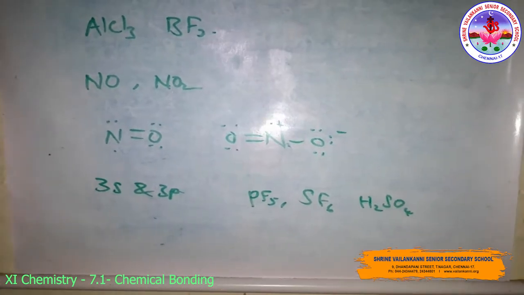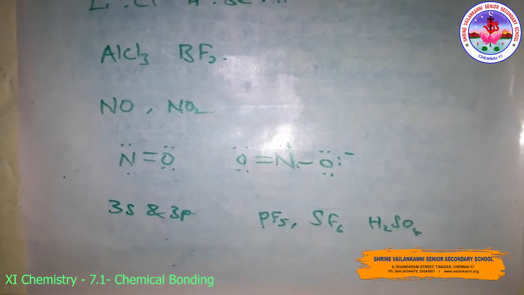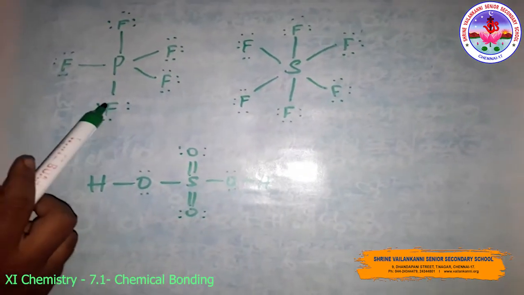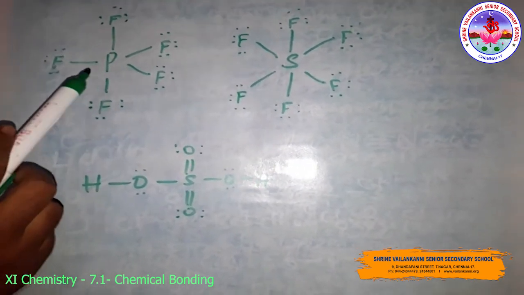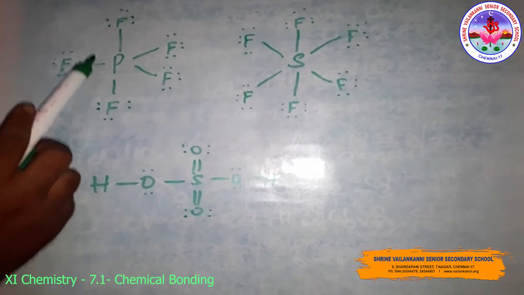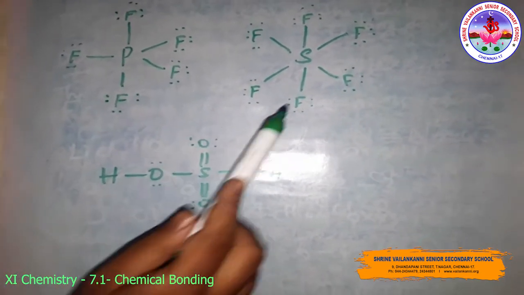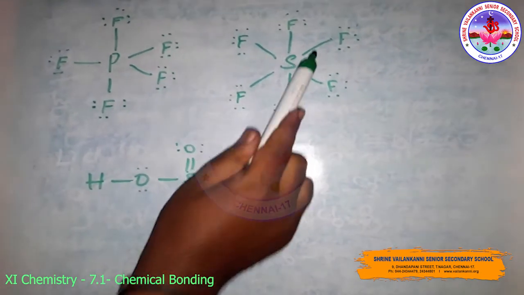So this is also seen in a number of coordination compounds. We can write it here. Look here, for PF5, there are 10 electrons around the phosphorus atom: 1, 2, 3, 4, 5. So 10 electrons are around. Here in sulfur SF6, 12 electrons: 1, 2, 3, 4, 5, 6.